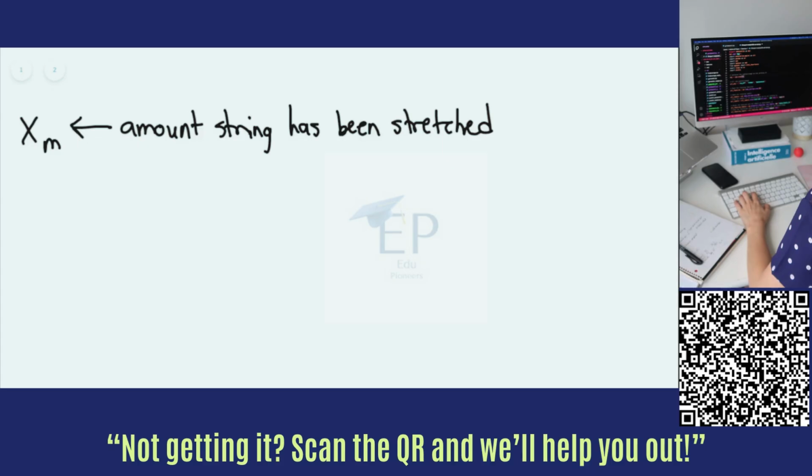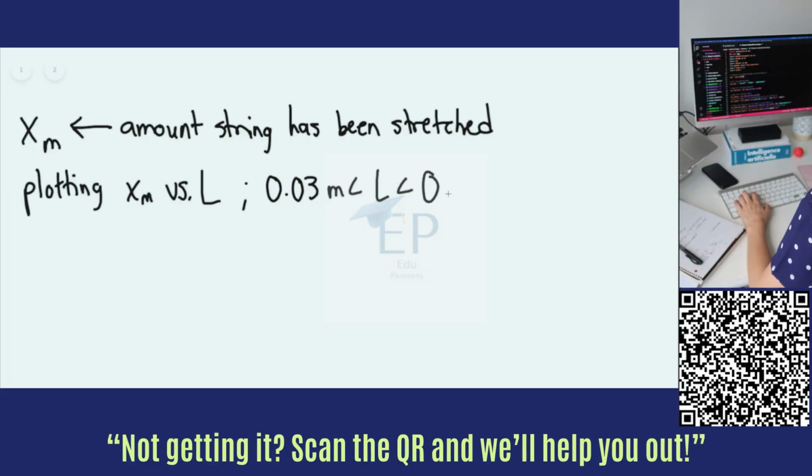If one were to plot the maximum displacement, x sub m, versus L over a range from 0.03 meters to essentially 0.10 meters, that seems reasonable.